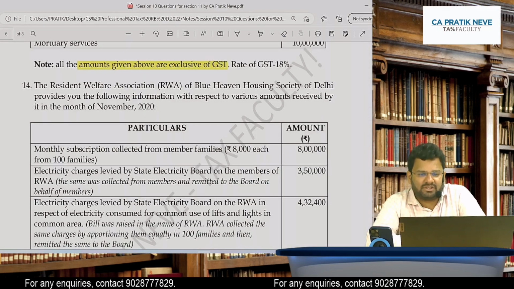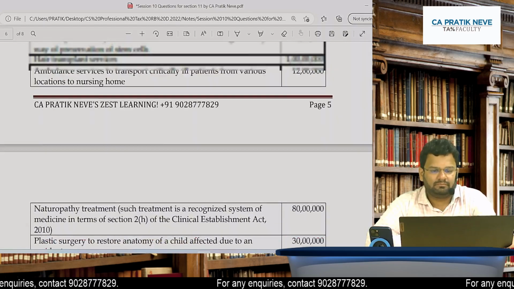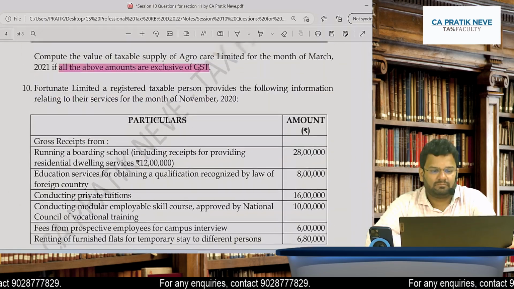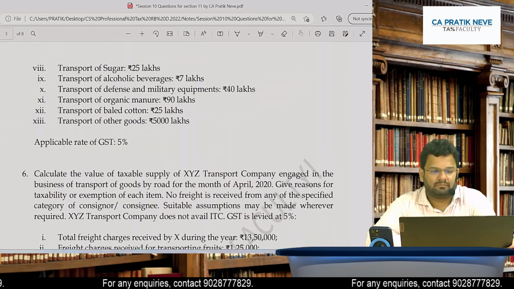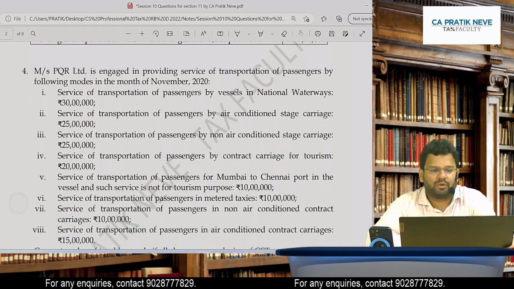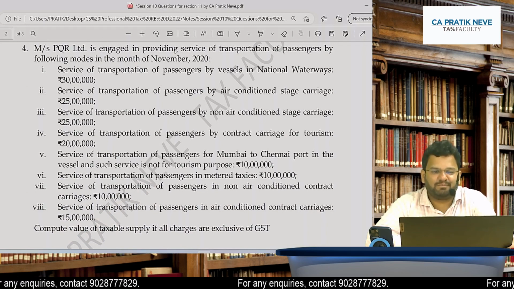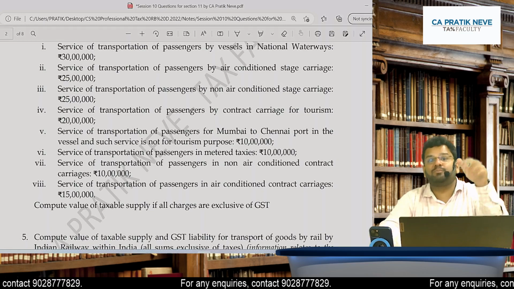For this, check the question which we have to solve. See this. Fourth question. There is one company which is engaged in providing services of transportation of passengers by various modes.